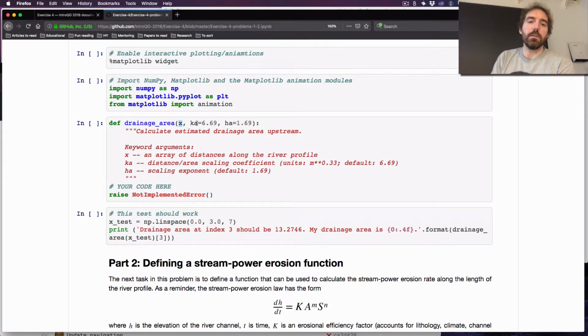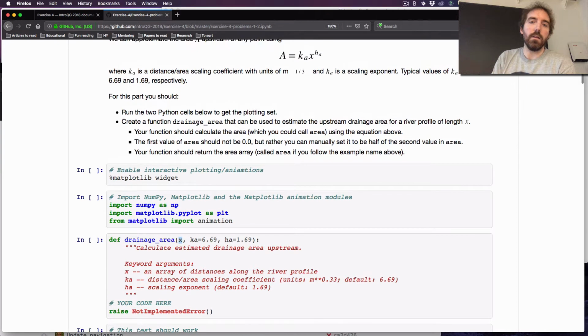And then Ka is the constant Ka in the area equation here, and Ha is the other constant. In this particular case, I've given you values in the definition of the function, and those are fine to use. You don't need to change that. This is just to kind of show an example that you can define values that are in a function that are basically constants or default values.